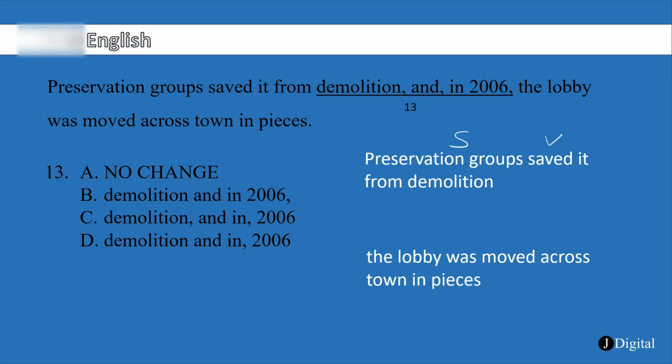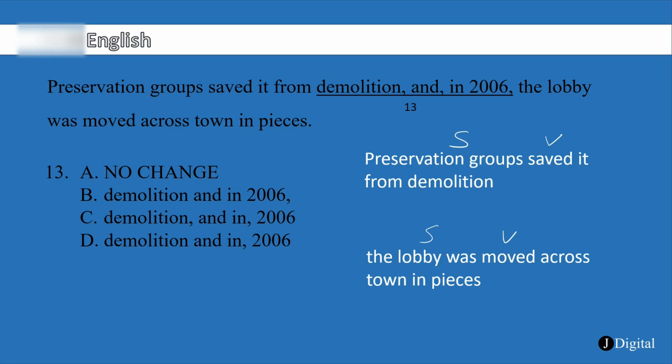Preservation groups saved it from demolition. So that's a complete sentence. The second part, the lobby was moved across the town in pieces. So what's our subject? The lobby. What happened to it? Moved across town in pieces. So that's our verb. So these are two complete sentences. So we're working with two independent clauses.